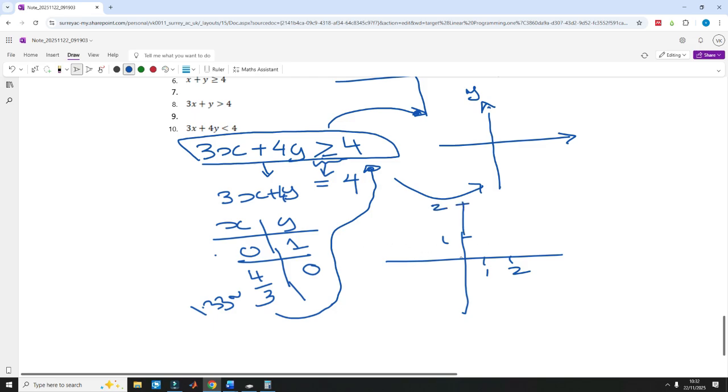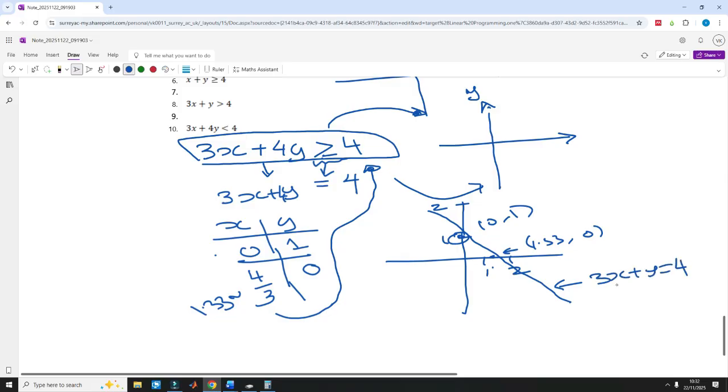So x is equal to 0, which is here, and y is equal to 1. That point is 0 comma 1, and another point is 1.33 comma 0, which is somewhere around here. Just connect these two points, so this line is nothing but 3x plus 4y equals 4.